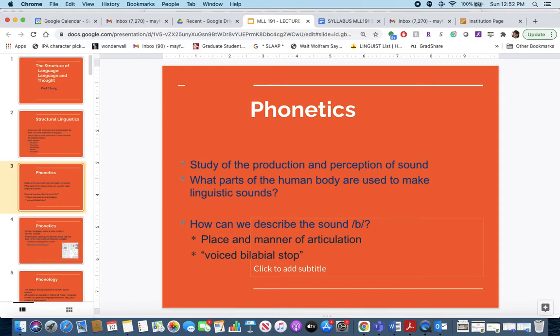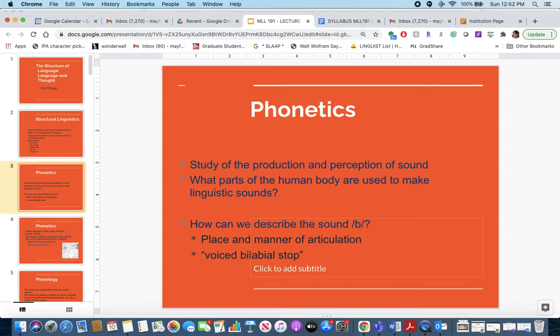So we know the sound "ba" is bilabial, consisting of two of your lips moving together, right? Ba. And we know that it's a stop, in that once you say the sound, or once air passes through your vocal cords, the sound stops. It doesn't continue to vibrate. So "ba" would be very different than, for example, the sound "s," because it just stops.